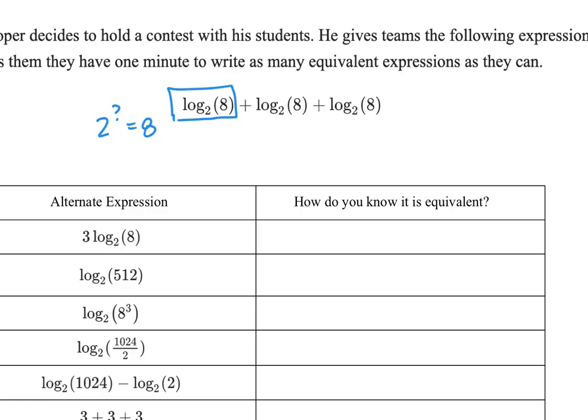So therefore, since the question mark equals 8, I know that log base 2 of 8 equals 3. Okay, and that's going to come into play later here in this problem. All right, let's check some things out here.